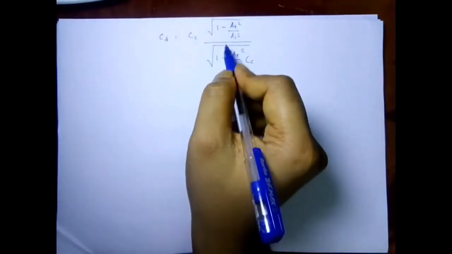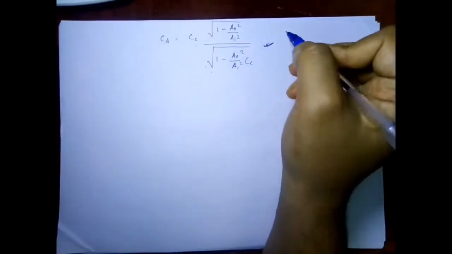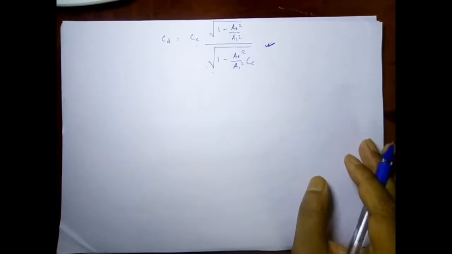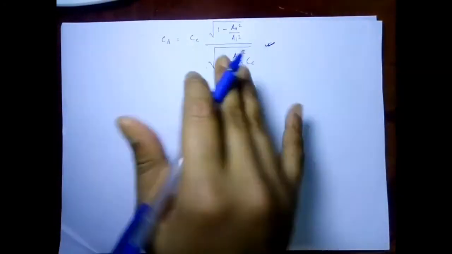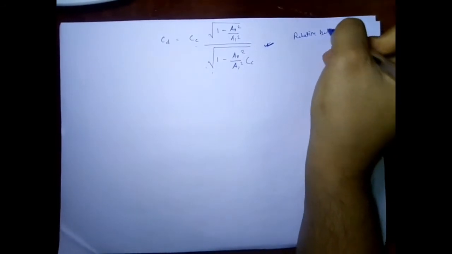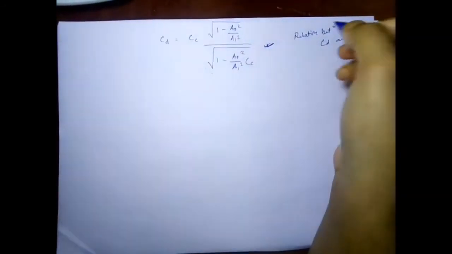Due to some mathematical or experimental results, CD and CC are related to each other like this. This is the relation between CD and CC.